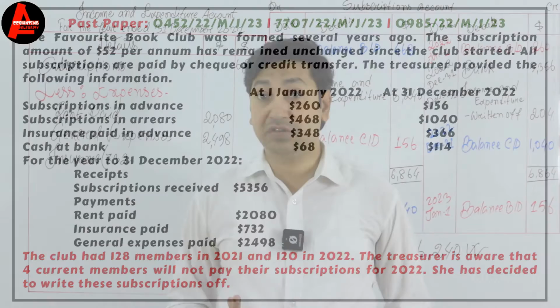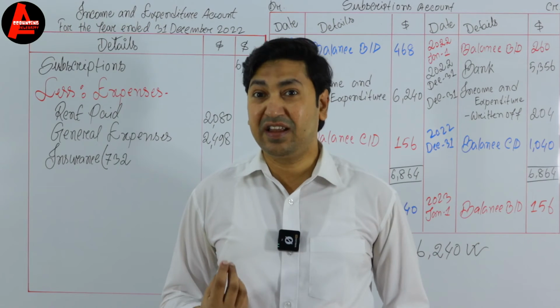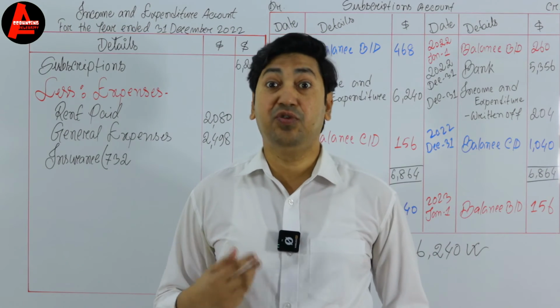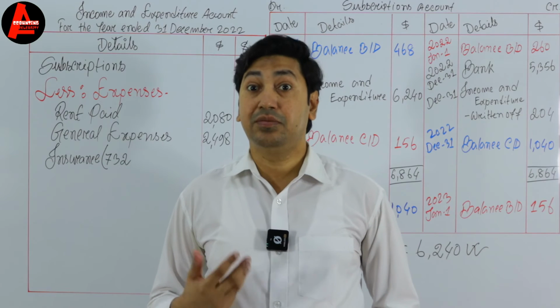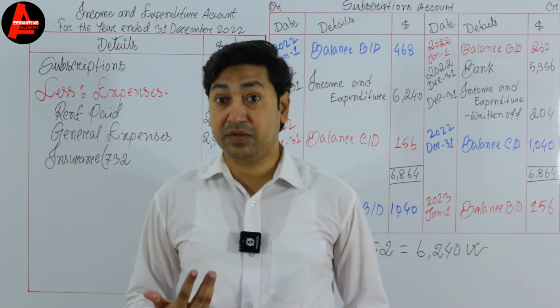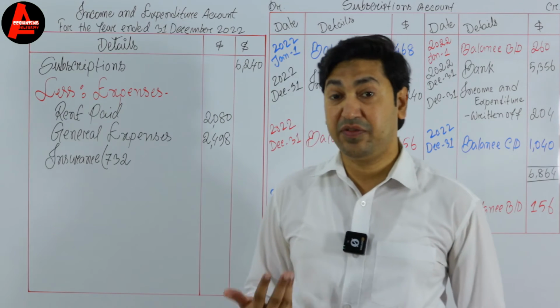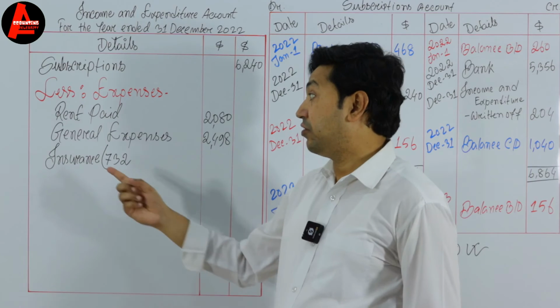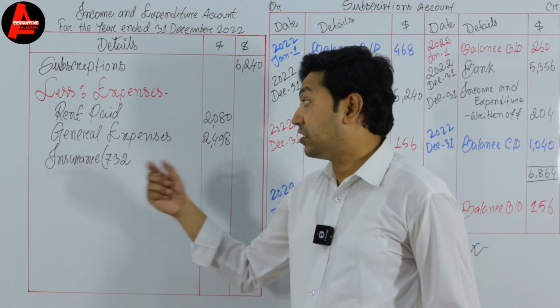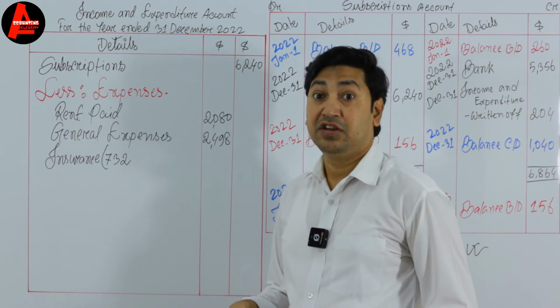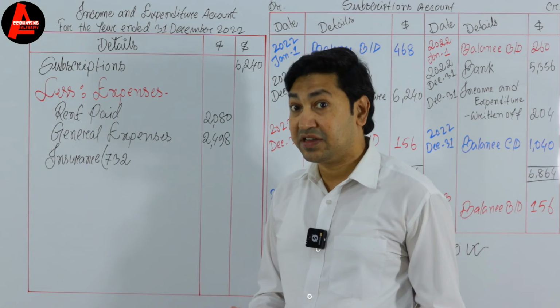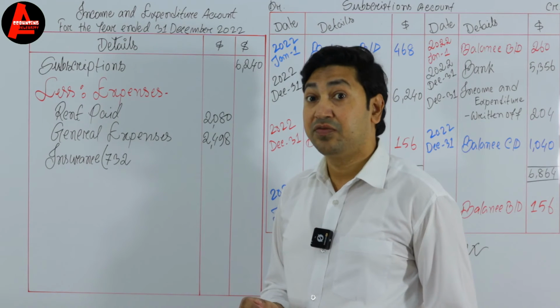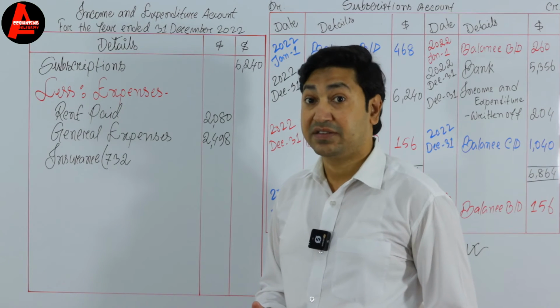So two amounts, both are paid in advance. When you have advance expenses, they must be adjusted against the relevant expense. So here we have insurance, it is $732. So here we have two advance amounts, both of them will not be subtracted.